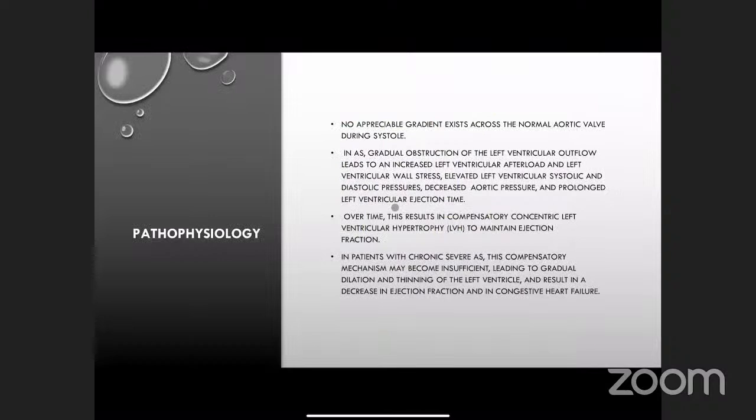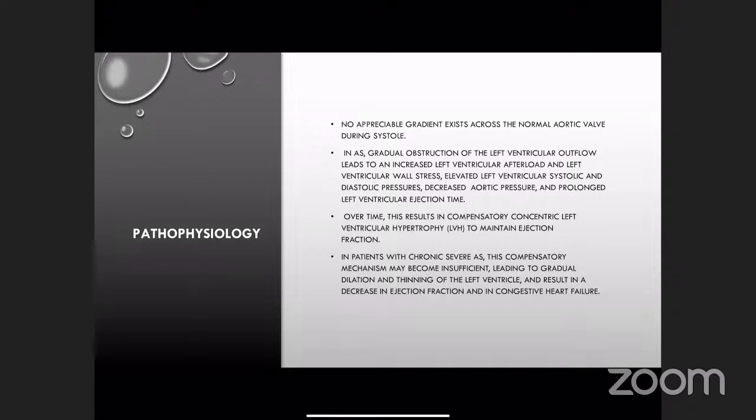So the pathophysiology: no appreciable gradient exists across the normal aortic valve during systole, and in aortic stenosis, gradual obstruction of the left ventricular outflow tract leads to increased left ventricular afterload and left ventricular wall stress, elevated left ventricular systolic and diastolic pressure, decreased aortic pressure, and prolonged left ventricular ejection time.